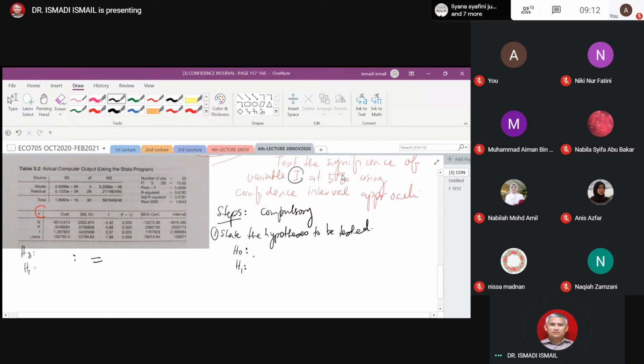And beta, which beta? We don't have x1, x2, it is subscript i. Two-sided t-test: beta i equals 0, H1: beta i not equal to 0. Done for the first step.